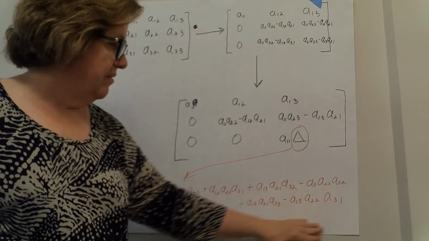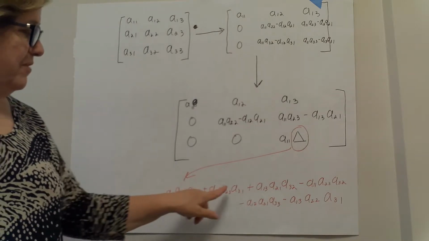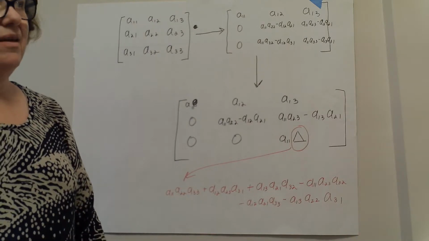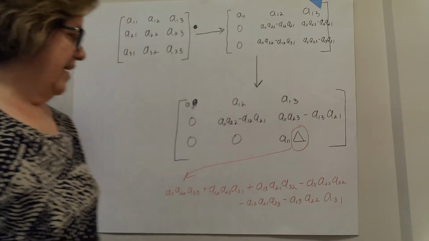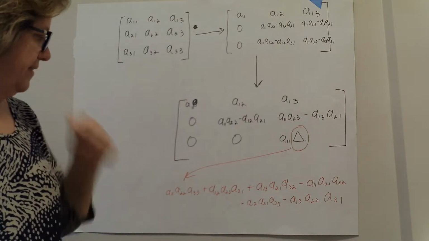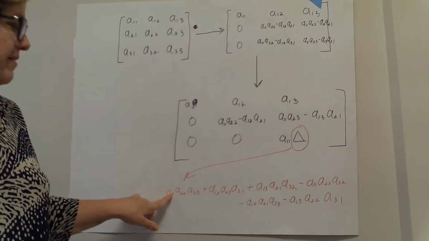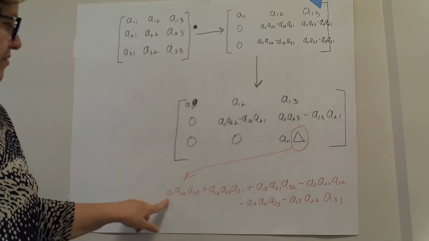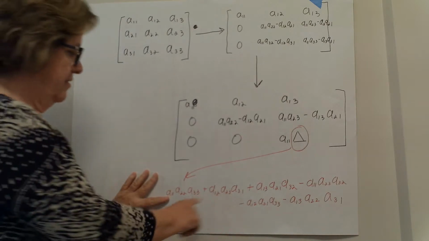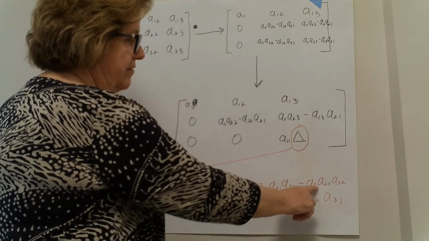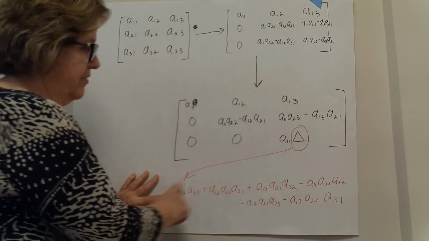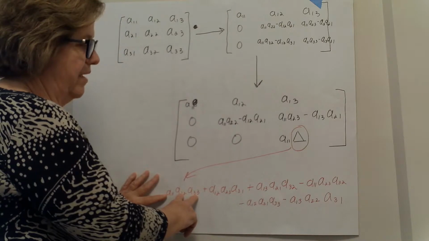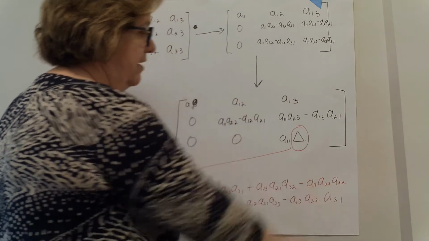So look at this. We have 1, 2, 3, 4, 5, 6 terms. You might recall that. We have 6 terms. Notice that a11 is here and a11 is here. And if we factor out the a11 from these two, we would wind up with a22 a33 minus a23 a32.